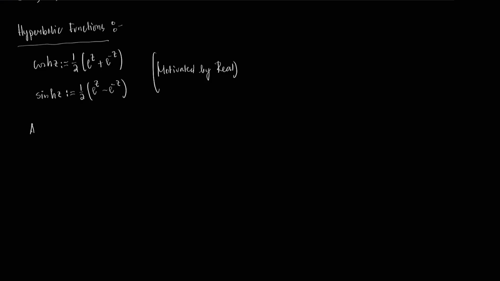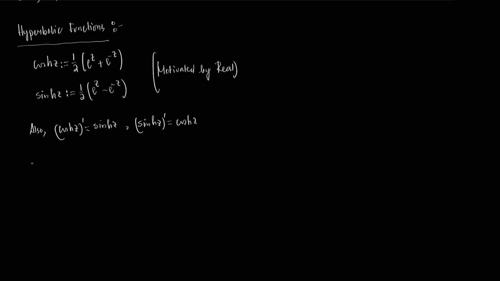Okay, and you can show that cosine hyperbolic z prime is going to be sine hyperbolic z, and sine hyperbolic z prime is going to be cosine hyperbolic z. Exactly the similar thing which we know from the real case holds here.